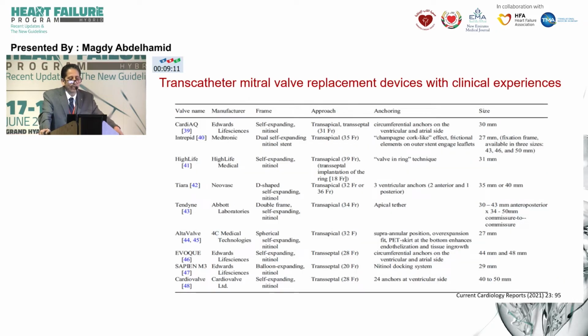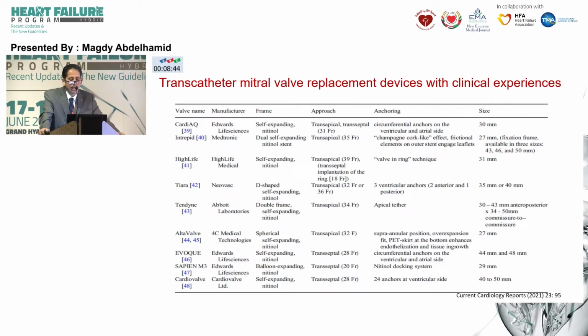Recently, we have transcatheter mitral valve replacement devices available now, and the difference in the design of these valves is according to the anchoring design, because compared with the aortic valve TAVI, in which calcification helps in anchoring of the valve, here in the mitral there is no calcification, and the annular diameter is dynamic.